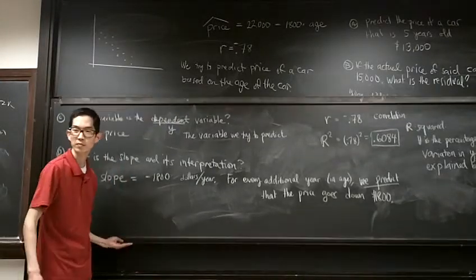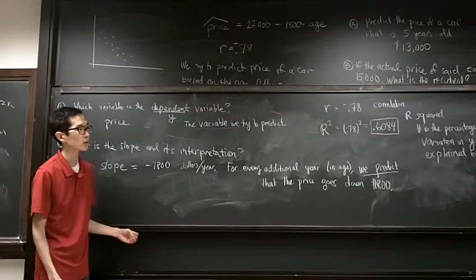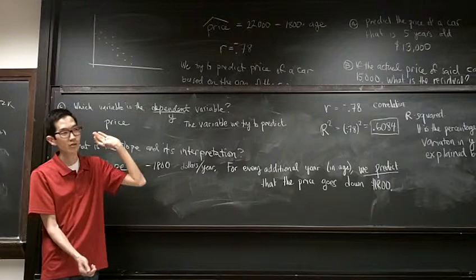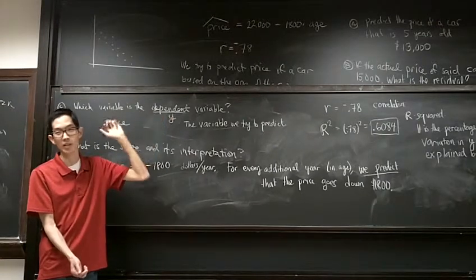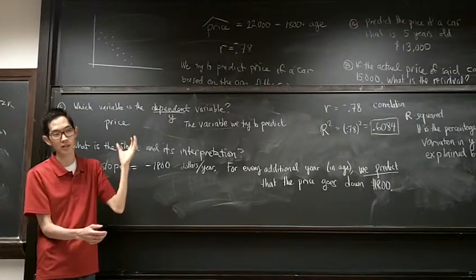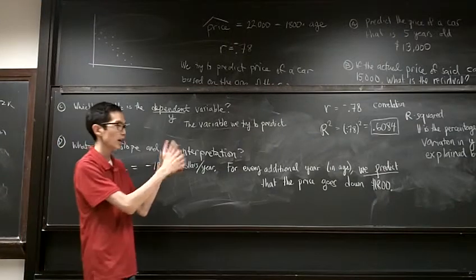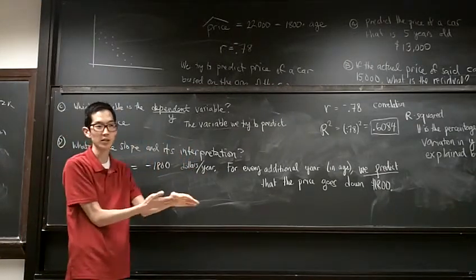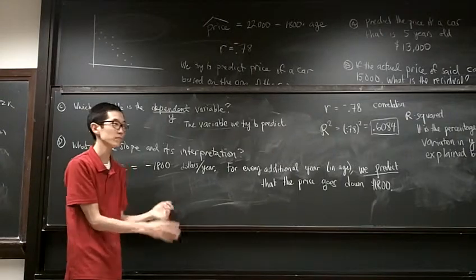It explains the variation in price, or whatever your linear regression model, it's got a Y and an X, right? So whatever your Y is, it's how much of that variation can you explain?